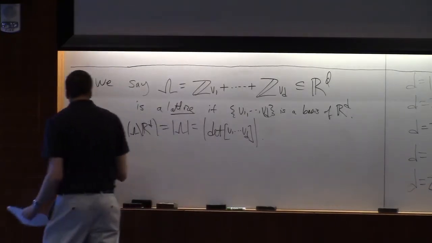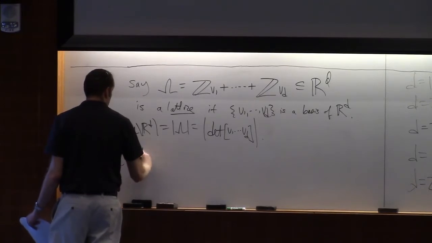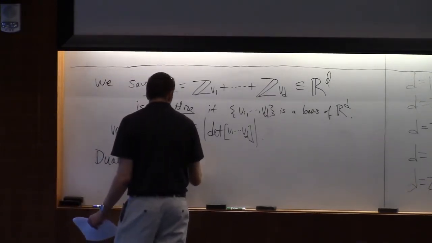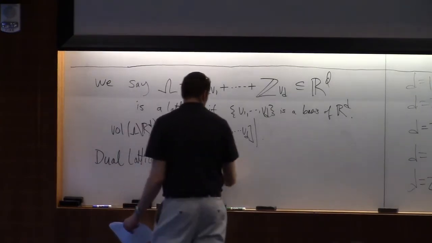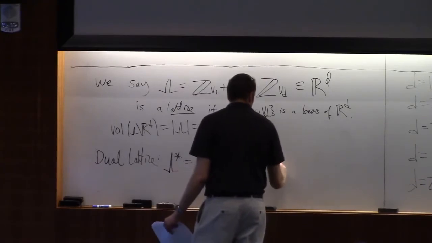And then there's a notion of dual lattice. This is something that comes up already in algebraic number theory. It's the vectors that have integer inner products with every lattice vector.